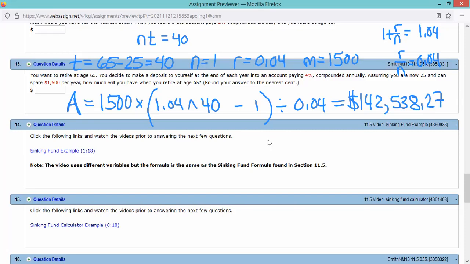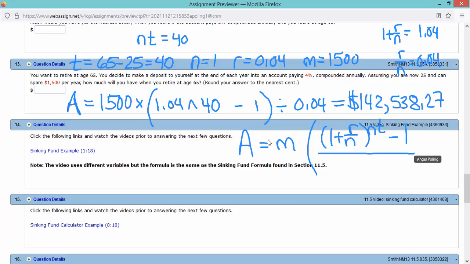Okay, so now if A is M times the quantity 1 plus R over N raised to the NT, take away 1, divided by the ratio of R over N, then we can solve for M, right?